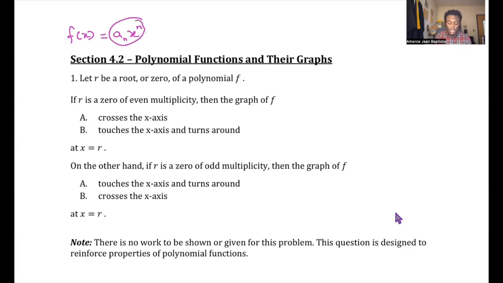That's the leading term because that's the term with the highest exponent.